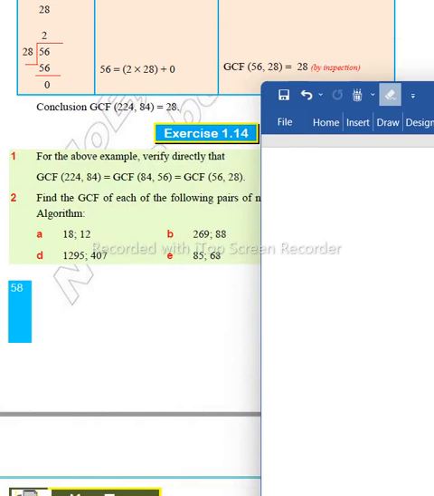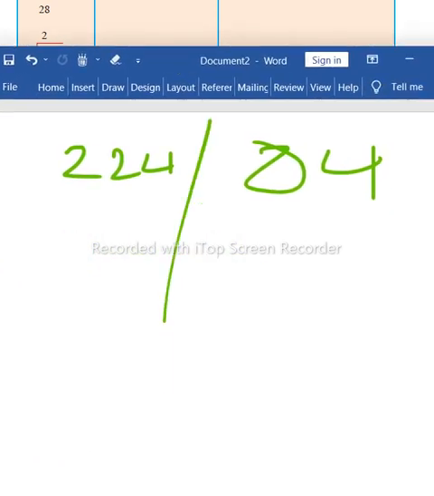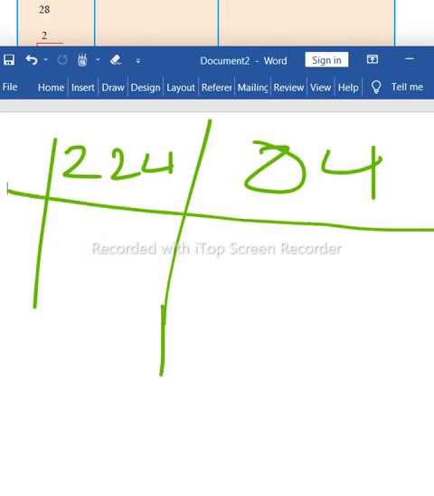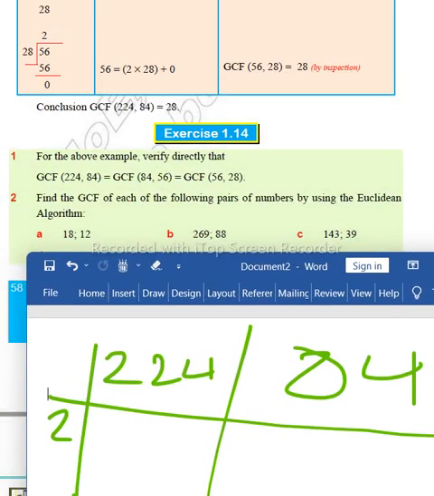We have 224 and 84. To find the greatest common factor, as we know, this formula is better: let us divide each by 2, to verify whether they have the same factors or not.